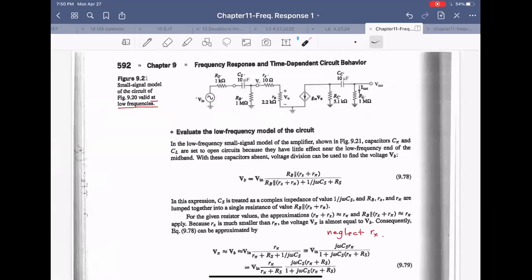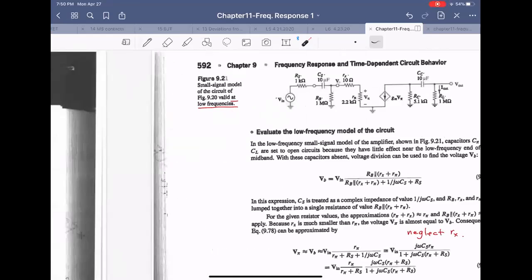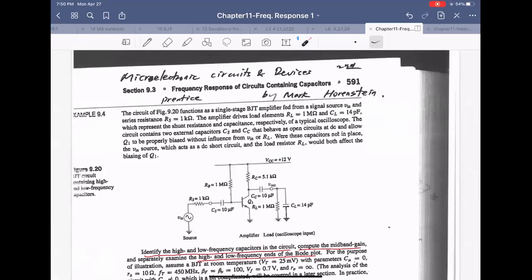We have to draw the equivalent circuit, first for the low frequency case. Impedance is 1 over j omega C. At low frequency, we have to consider these capacitors, and the internal capacitor impedance is so high that we can ignore it.